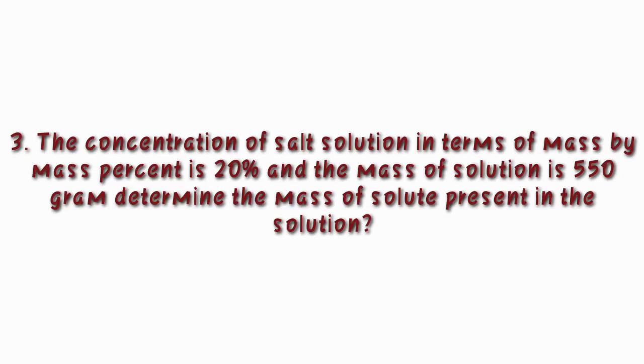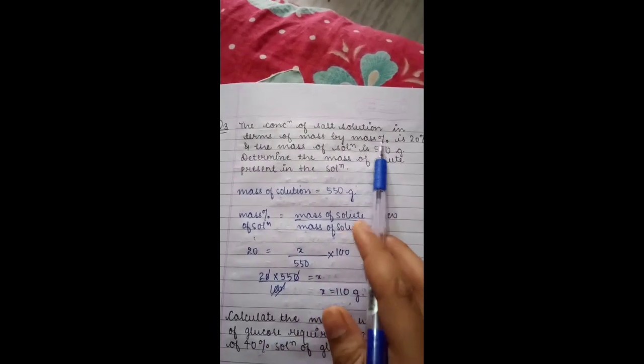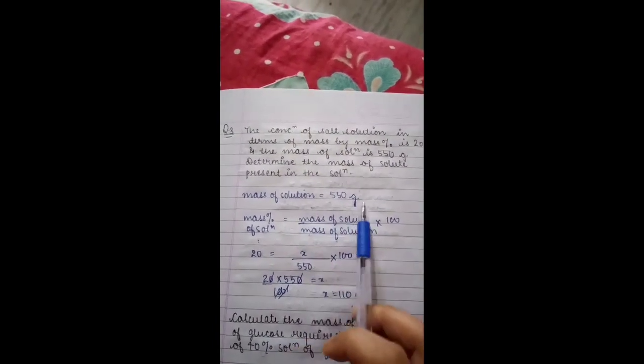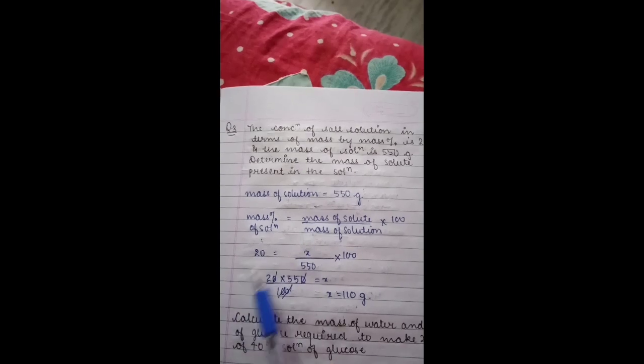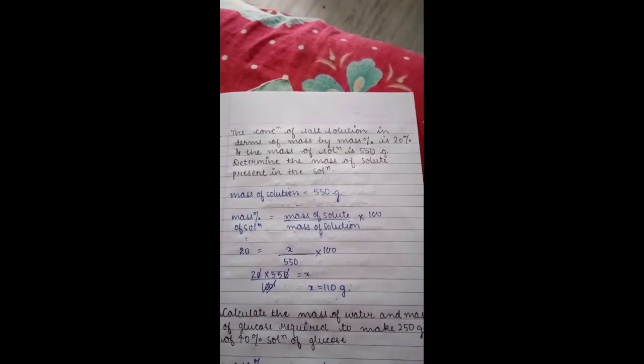Question number 3 is, the concentration of salt solution in terms of mass by mass percent is 20% and the mass of solution is 550 gram. Determine the mass of solute present in the solution. See, mass of solution is given in the question, that is 550 gram, and we know the formula, mass percent of a solution is equal to mass of solute upon mass of solution into 100.